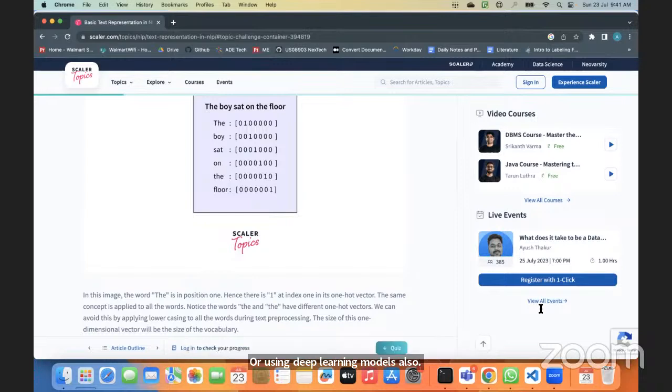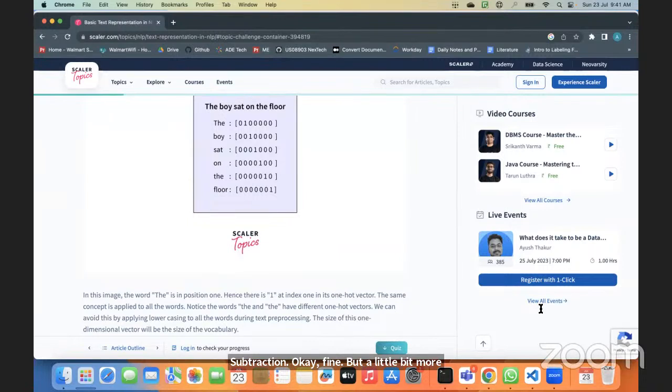So what operations can we do on these vectors? Let's say I want to find out how similar king and queen are, how similar the word king is to the queen. What can we do here? Subtraction, okay, fine.